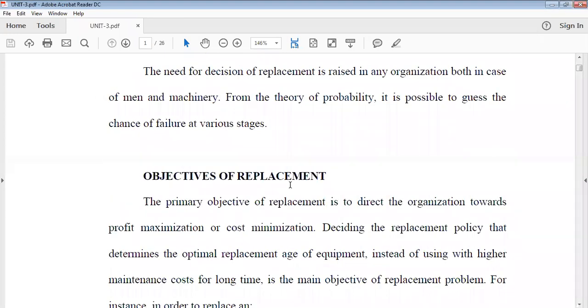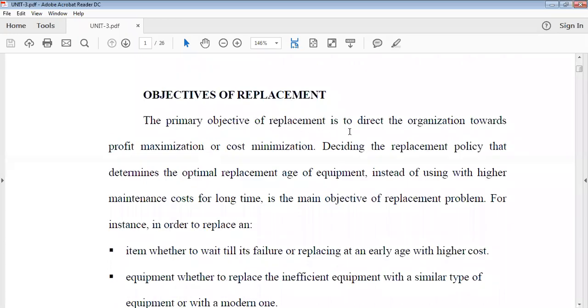Objectives of replacement is very important. The objective of replacement is to direct the organization towards profit maximization or cost minimization. So if you are able to replace the entire system, either the machine or the bulbs, at a particular point of time, automatically cost is going to be minimized.